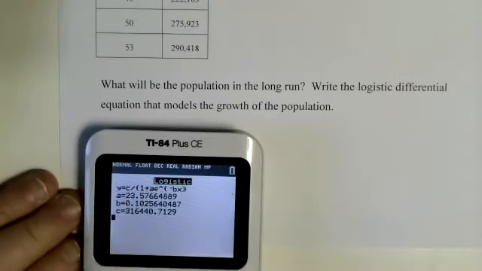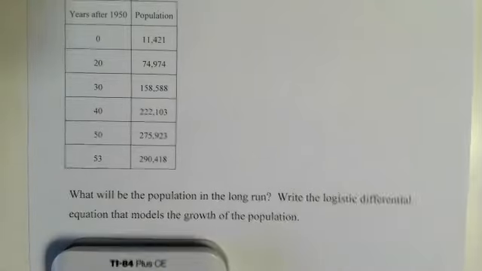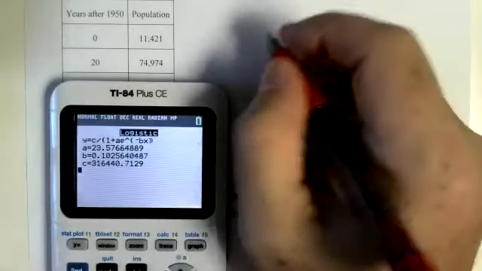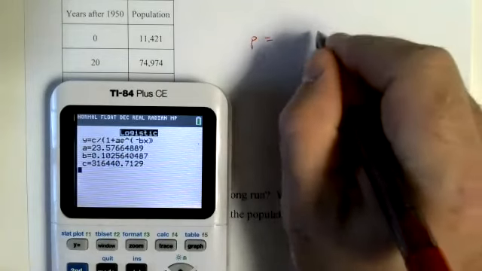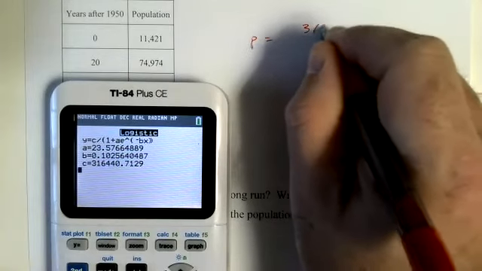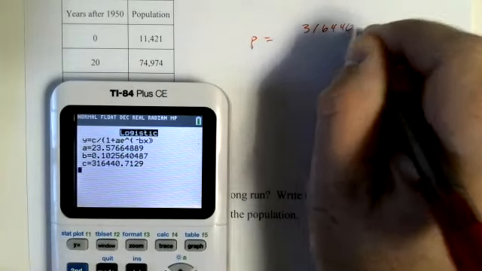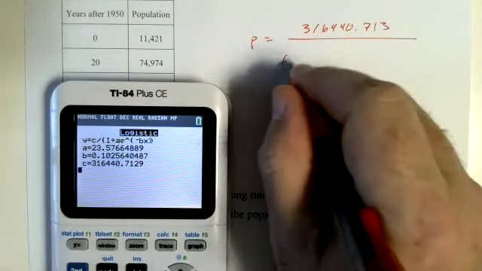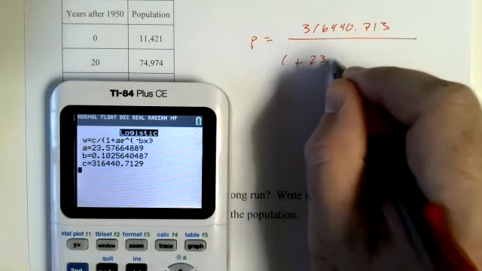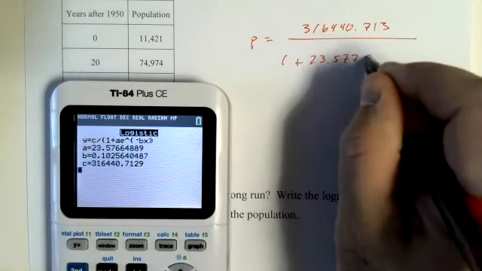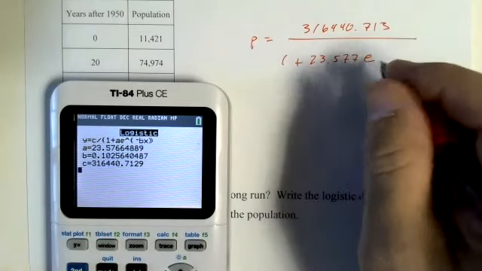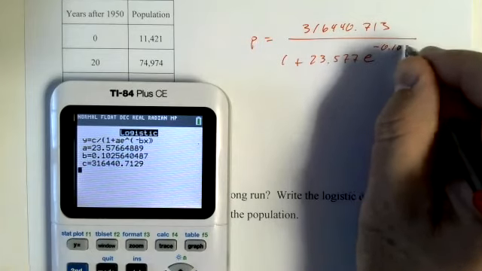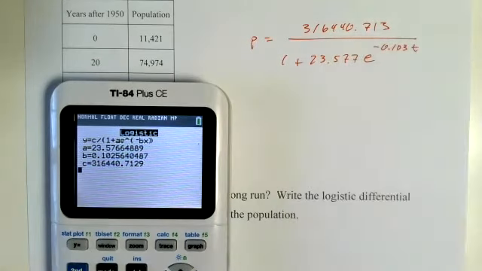So what's it saying? What would be the population along? Actually, let's go up here and write it in. P equals 316,440.713 over 1 plus 23.577 e to the negative 0.103 t.